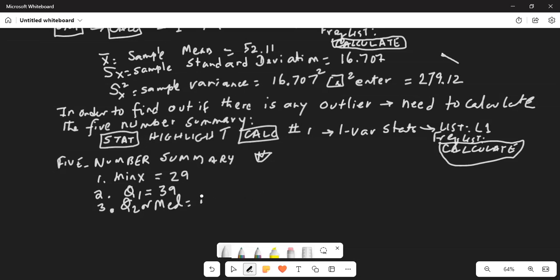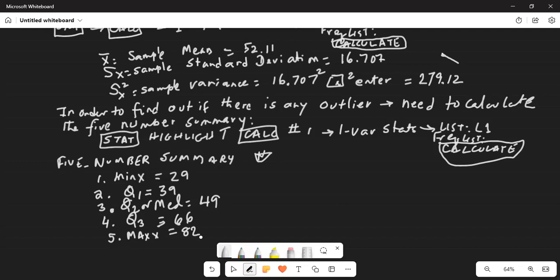That means 50% of the numbers are below 49, 50% above it. Then Q3, the third quartile, 75% of the numbers are below it, which is 66. And we further scroll down to get the fifth number, maxX, the maximum number, which is 82.